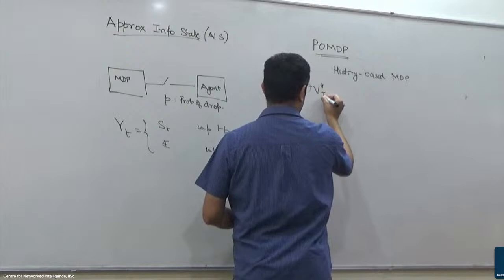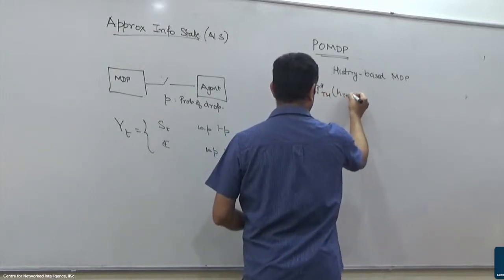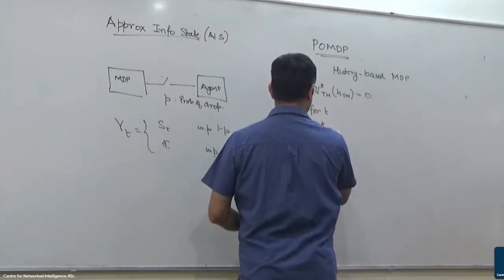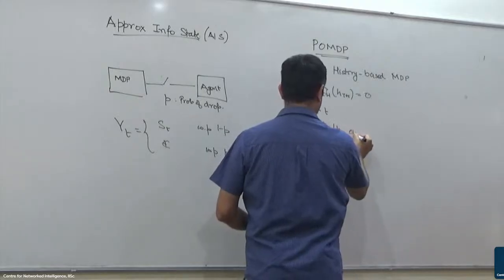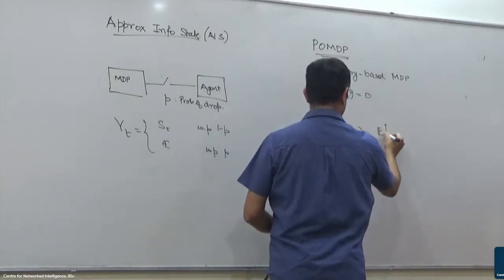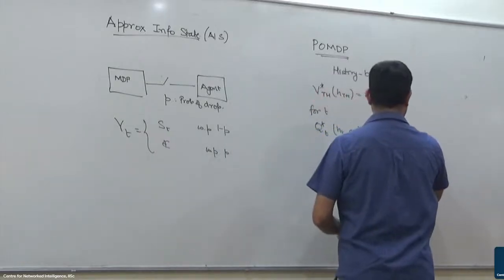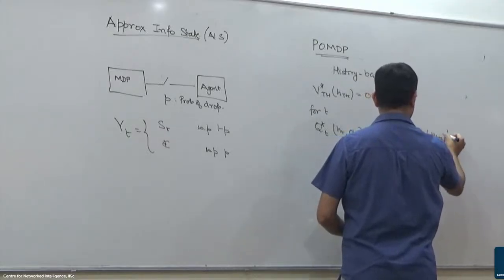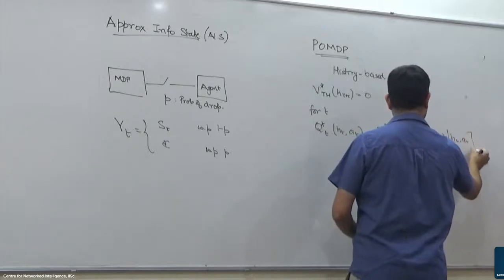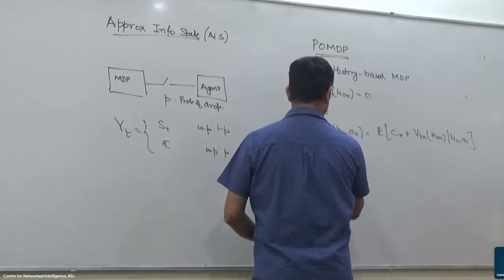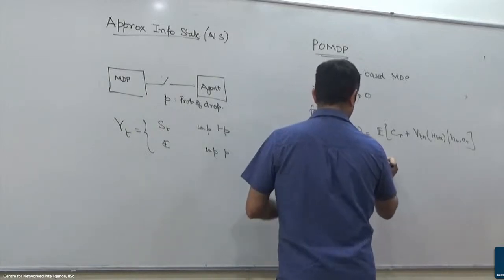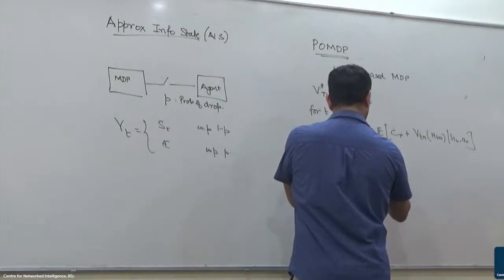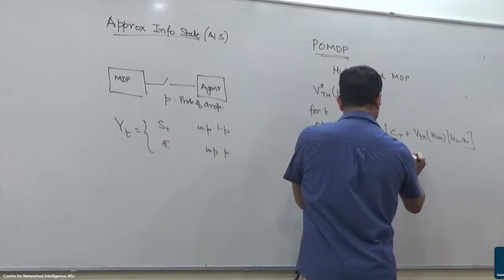Q star of t plus 1 of h t plus 1 is 0, and for all t, we were doing Q star of t, h t, a t was the expectation of c t plus V t plus 1 of h t plus 1 given h t and a t, and computing V star t of h t to be equal to the minimization over actions of Q star t of h t.